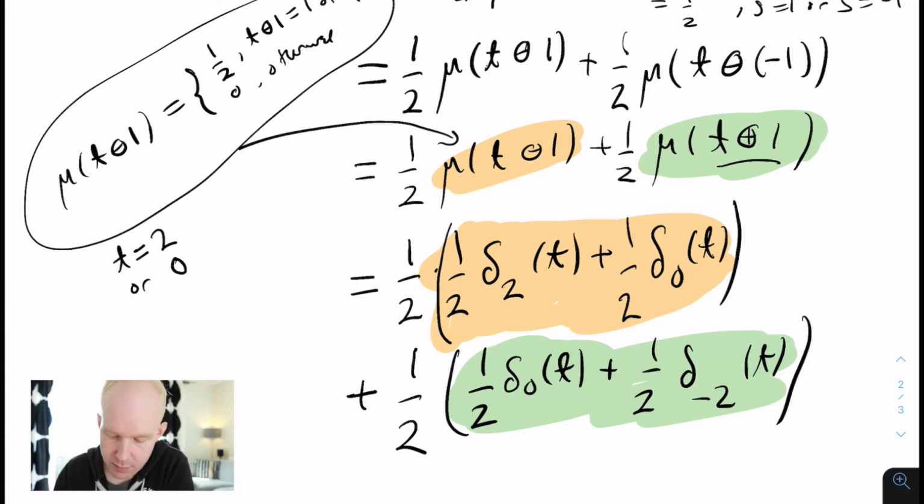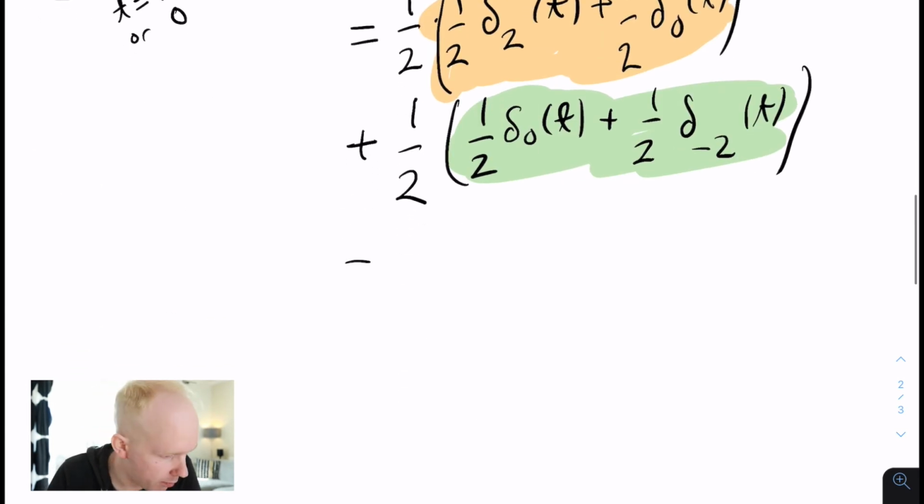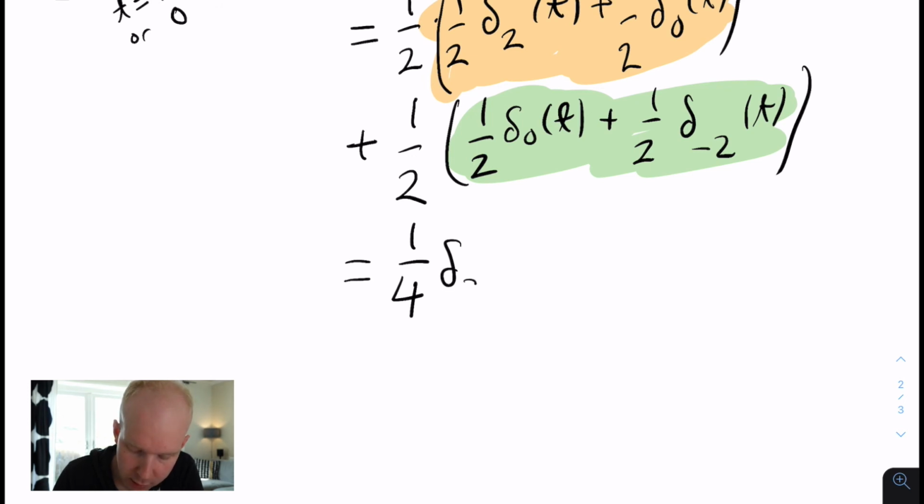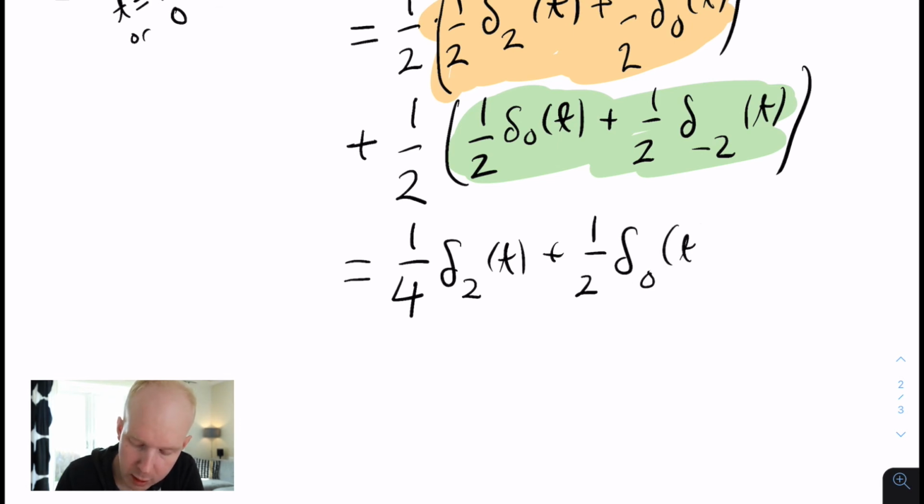Okay. So if you now open this up, this cancels out, and I think you get 1/4 Dirac 2 of t plus half Dirac 0 of t plus 1/4 Dirac minus 2 of t.